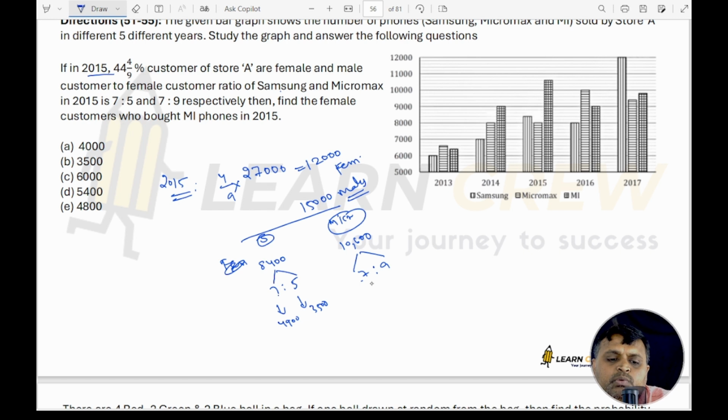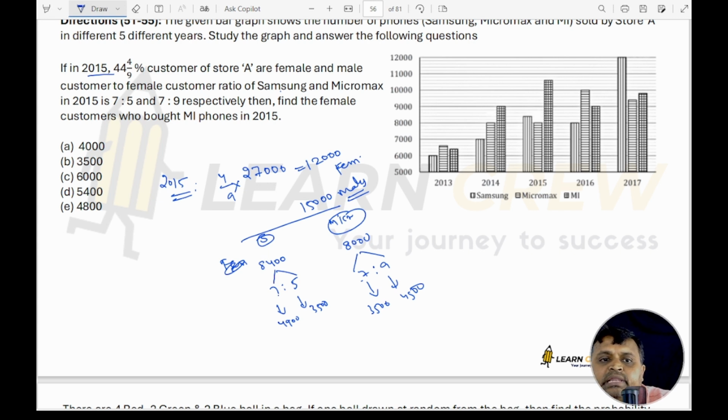Micromax is the second one, sorry. Micromax is the second one, MI is the third one. So 8,000 is Micromax. So here 7 parts is 3,500, 9 parts is 4,500. So this is what ratio? Male to female.